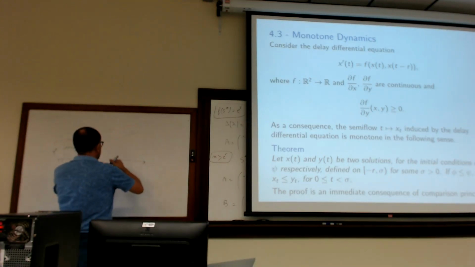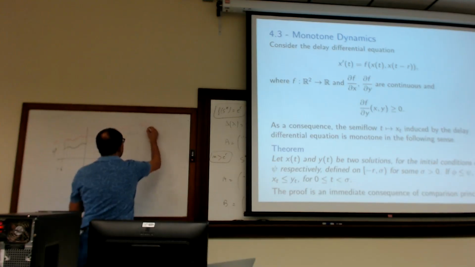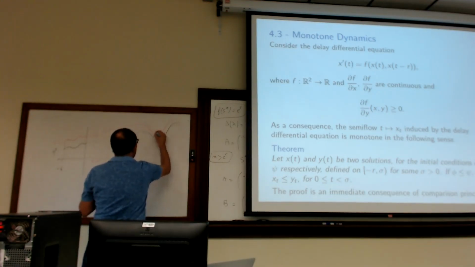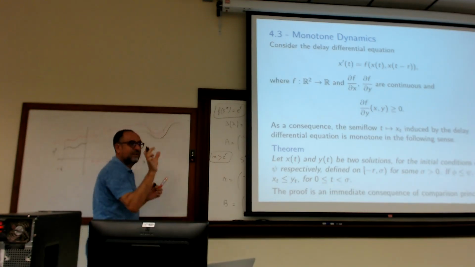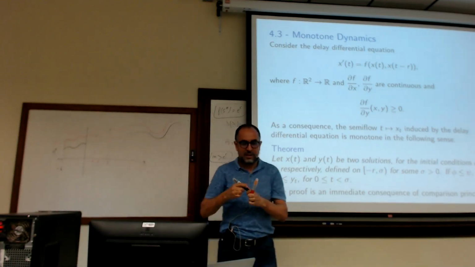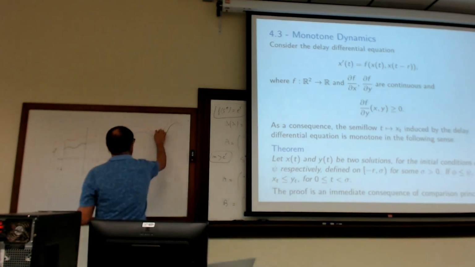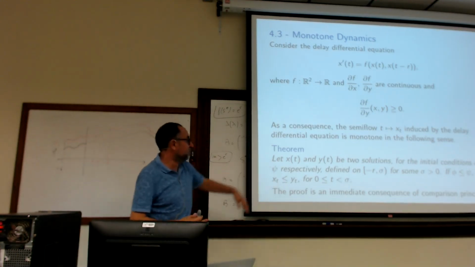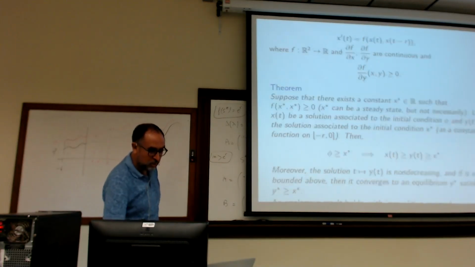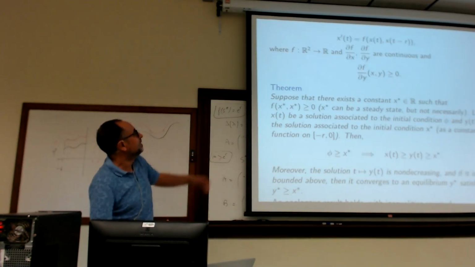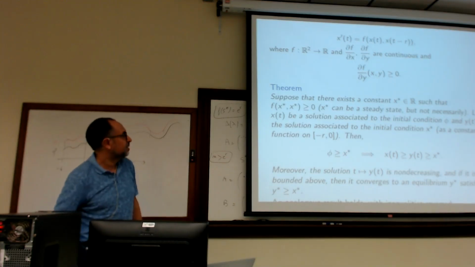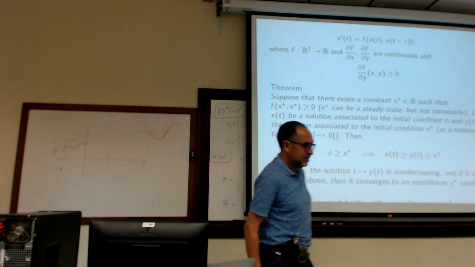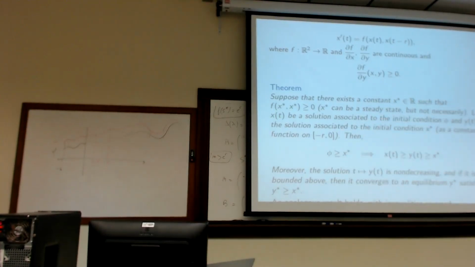Each piece on an interval of length r, this red one has to be bigger. This is what the theorem tells you. And the consequence of this is very big, because we will have many results like this one. As we have this monotony, we have this theorem.